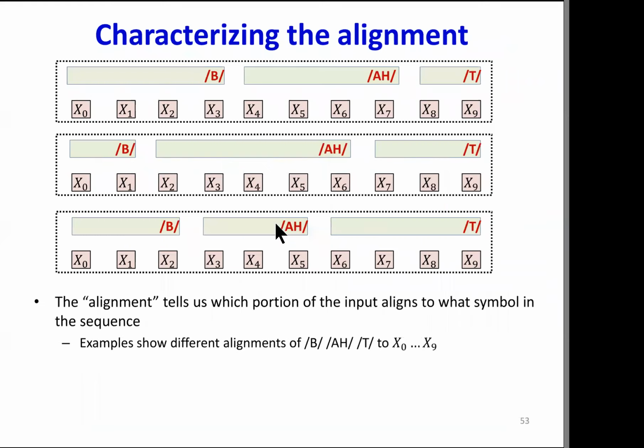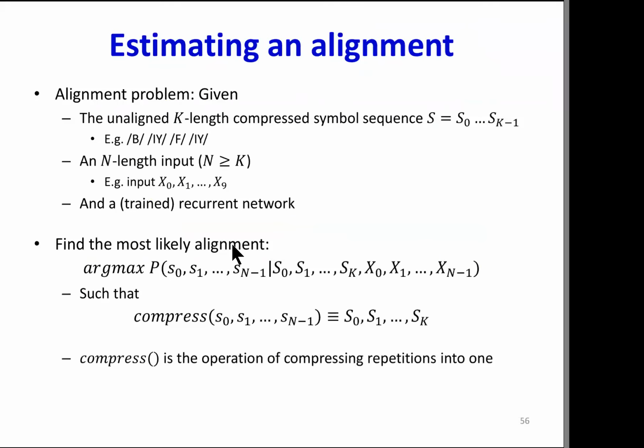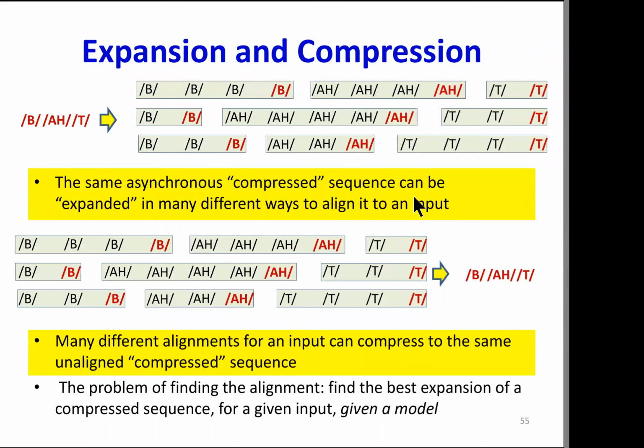So the problem we have is, given a current model, and this compressed symbol sequence and the input, we have to find the alignment, which means that of all of the various possible alignments, we have to find the one we must choose.